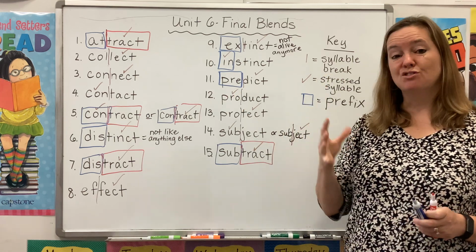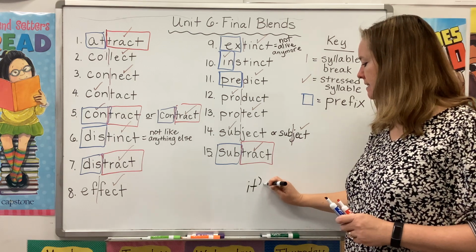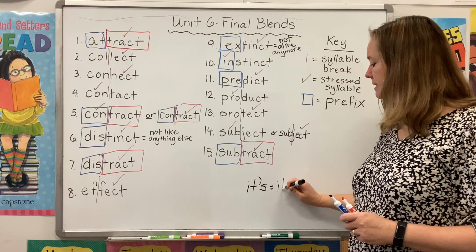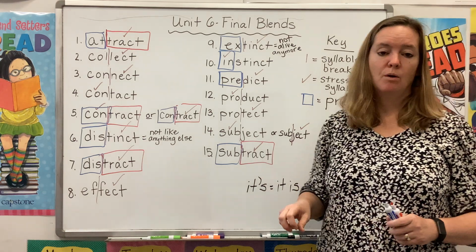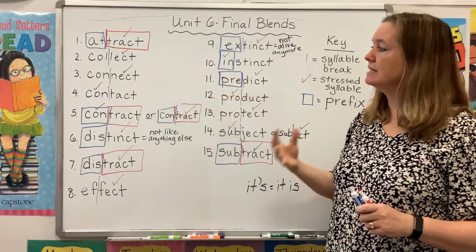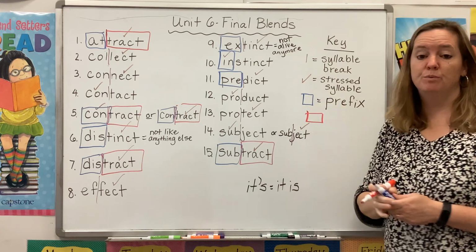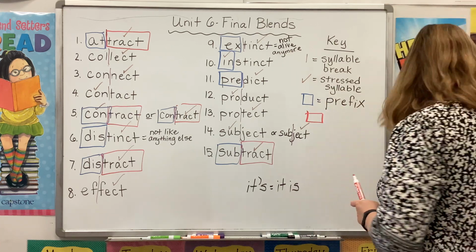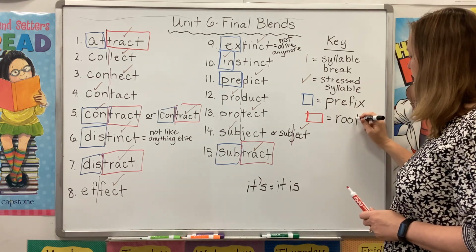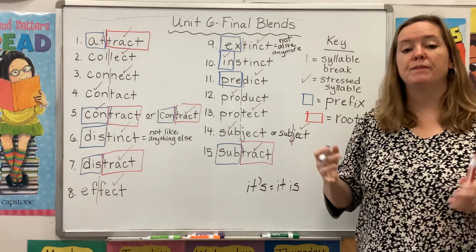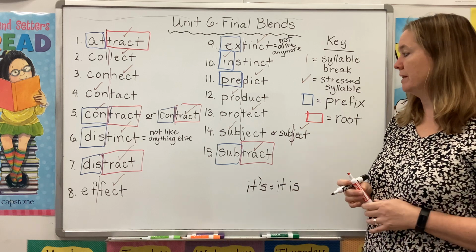When you have a contraction, think about the contraction, it's really pulling together the words it and is. Okay, so right here we have 4 examples of words that use the root tract, and tract is a root that means pull. You will see some other examples in this unit, okay?